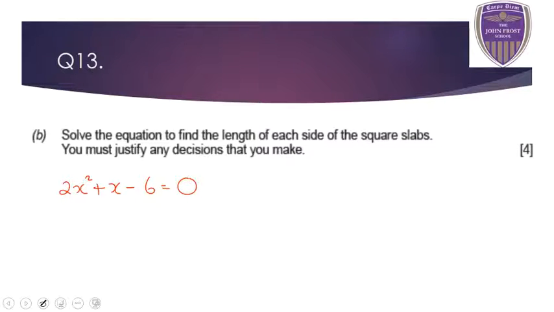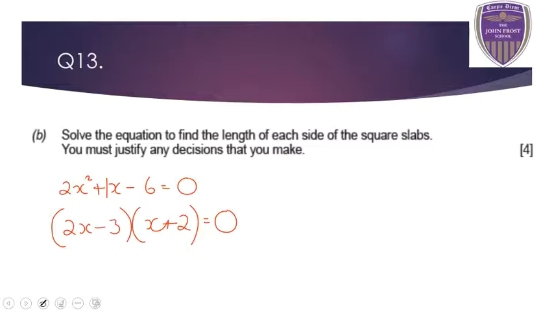You can factorize and you get 2 brackets. You'll get 2x minus 3 and x plus 2 equal to naught. Because remember, you need numbers that add to give me plus 1 and multiply to give me minus 6. And the minus 3 and the plus 2 will give me the minus 6, okay?